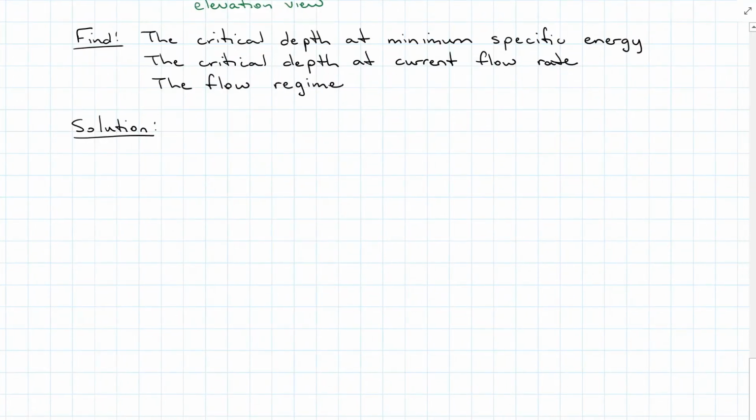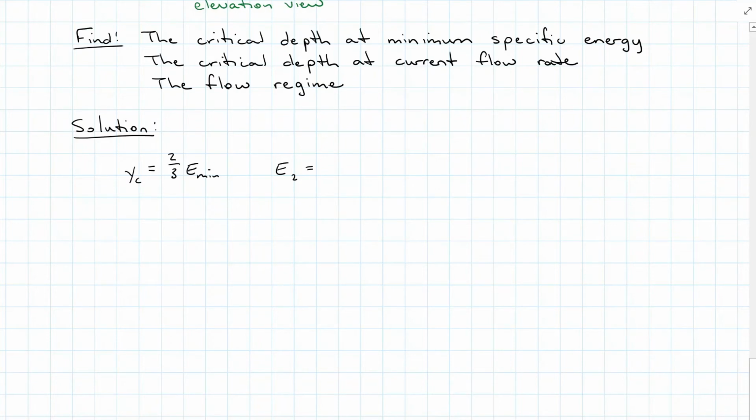The critical depth at minimum specific energy for a rectangular cross section, we have a cheater equation: Yc is equal to 2/3 E min. And that's equation 12.8 in your textbook for rectangular channels only. And remember that we have conservation of energy.